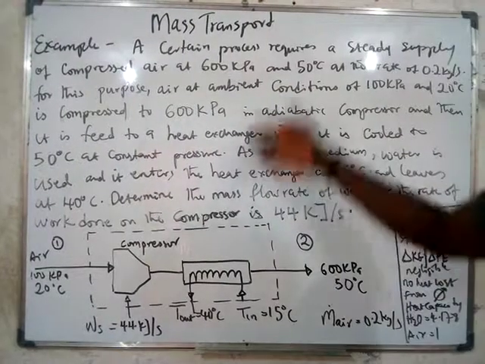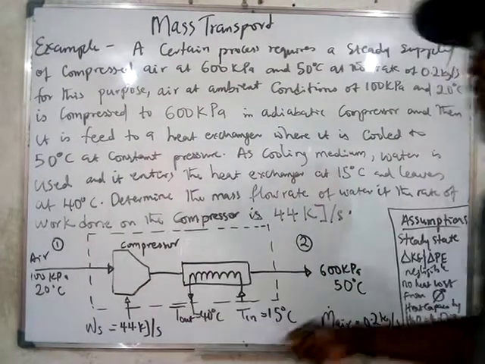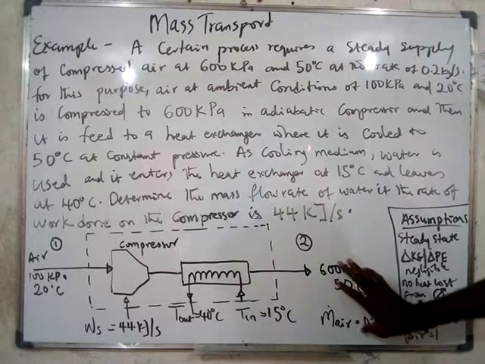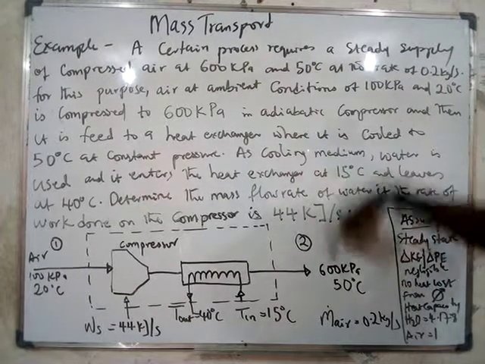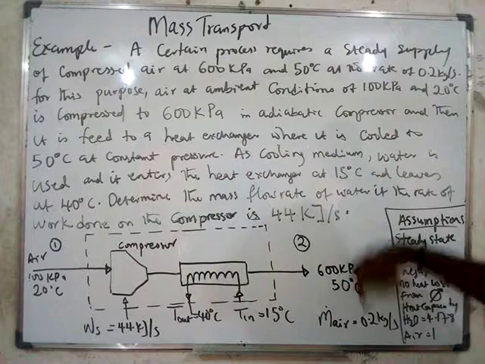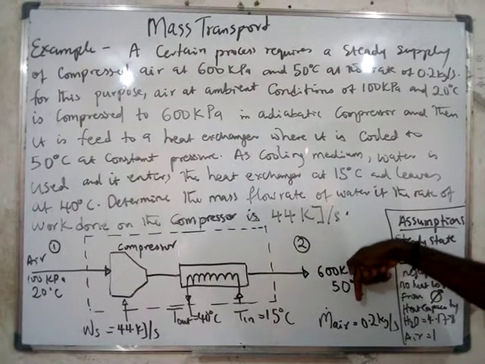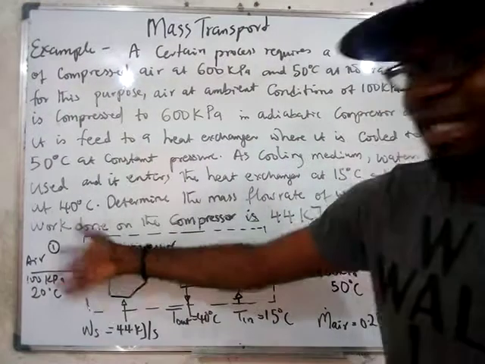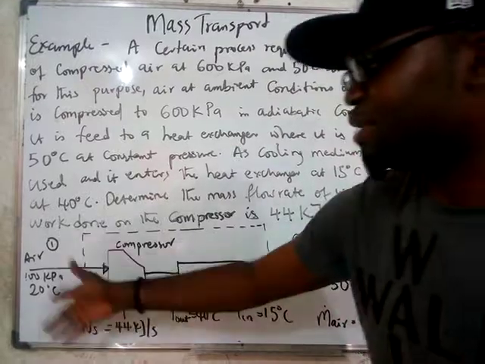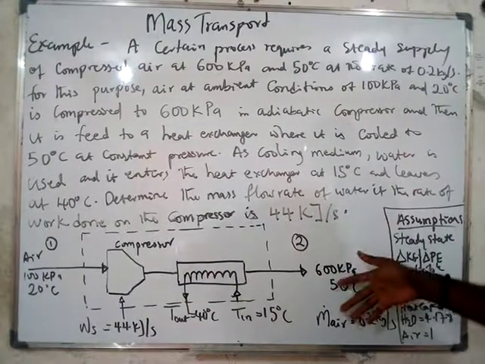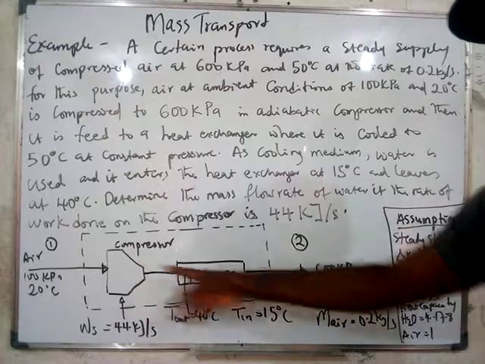With this, you should be able to draw this diagram from what I just explained. This is what is needed, because there's a process that needs this composition of air. But this is what the ambient air can give you. So how do you convert what the ambient air can give you into what you need for the process? You need to pass it through a compressor and a heat exchanger.